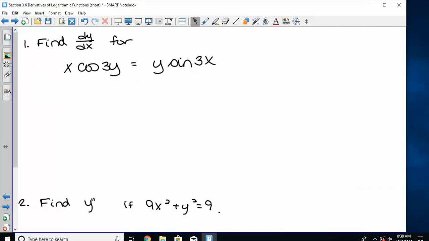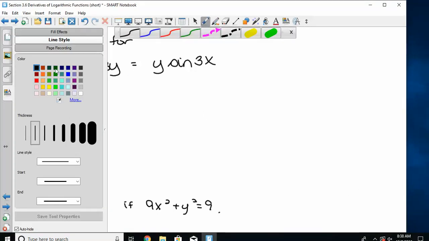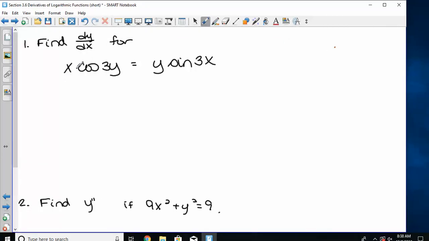What do you have to do for this first one? Product rule. So derivative of the first, derivative of x is 1, times the second, plus the first, derivative of the second. Okay, derivative of cosine is negative sine, angle stays the same, times the derivative of 3y would be 3 dy dx.